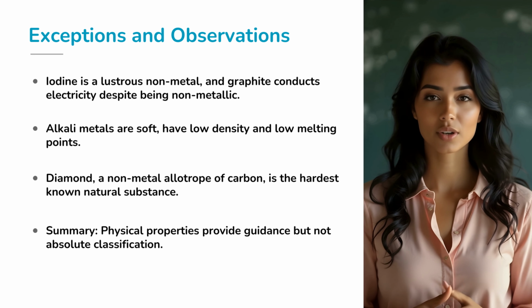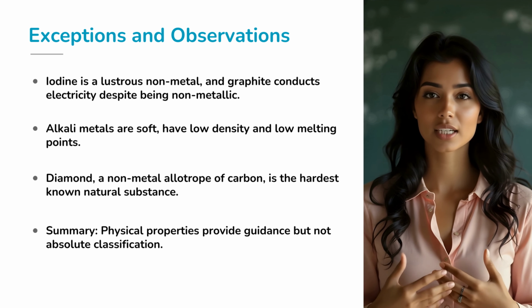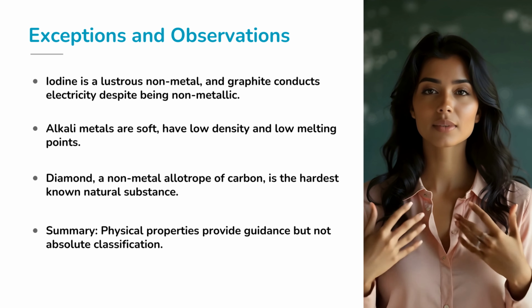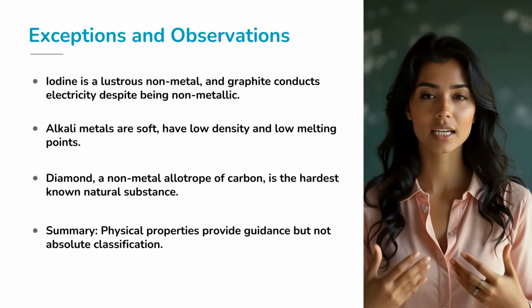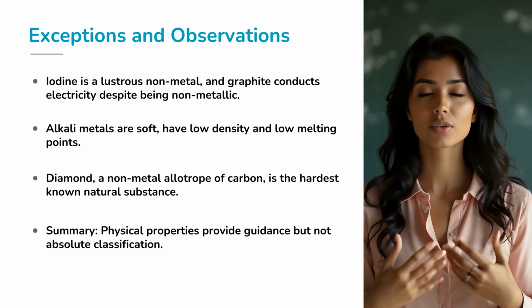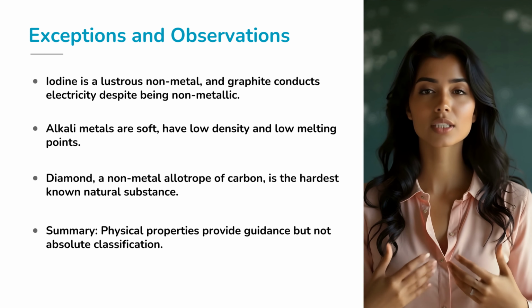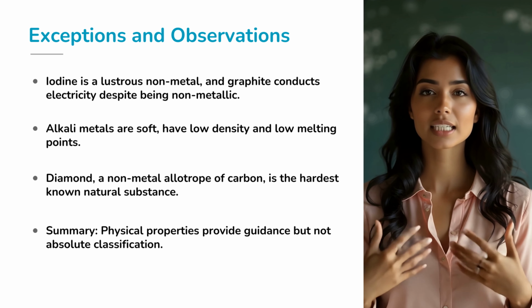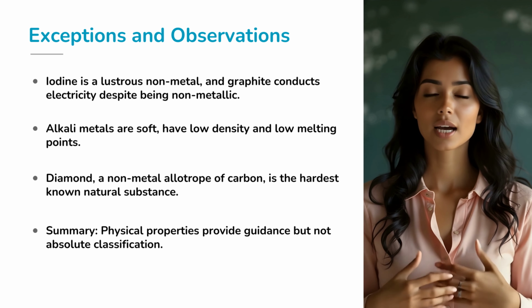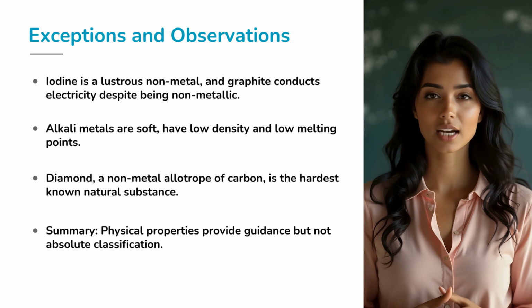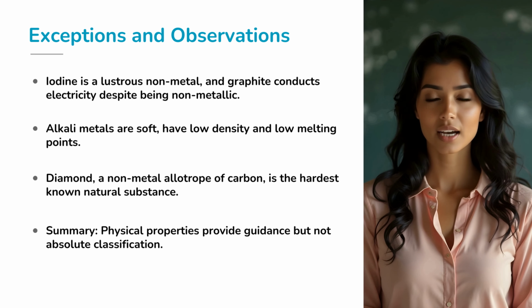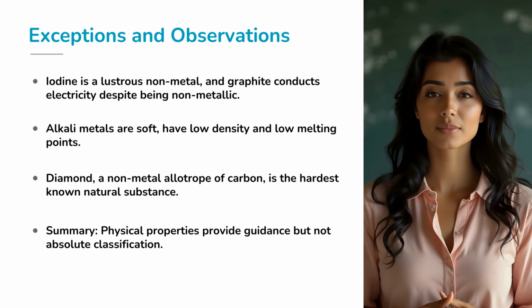Let's wrap up with the rebels, the exceptions that challenge our definitions. Take iodine, a nonmetal that's shiny. Or graphite, again a nonmetal that conducts electricity and withstands heat. Then there are alkali metals like lithium and potassium, soft enough to slice and light enough to float on water.